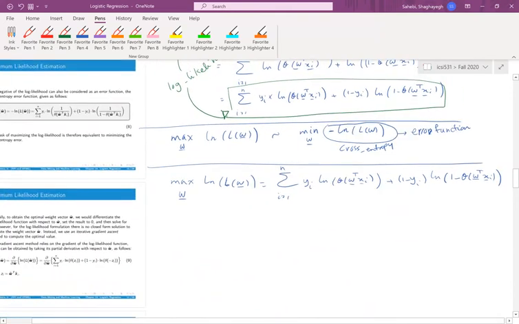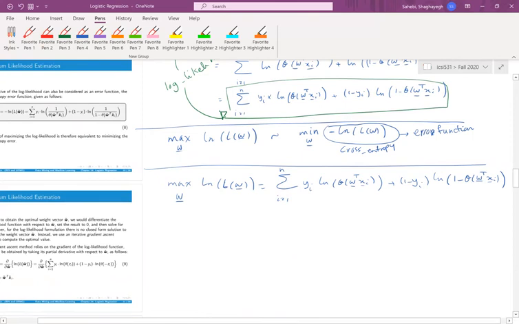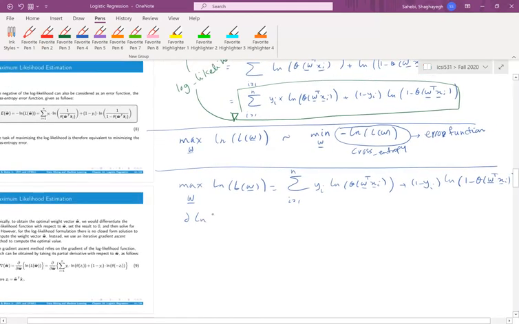Although the form of this log likelihood function is way nicer than the likelihood function itself, because it's a summation instead of multiplication, if I take the derivative of ln of L of W with respect to W and set it to 0, the problem is that this derivative is not going to give me a closed form solution.